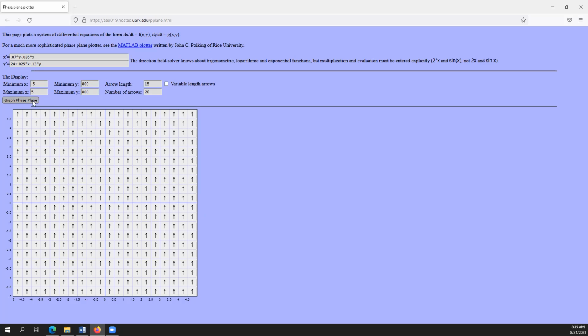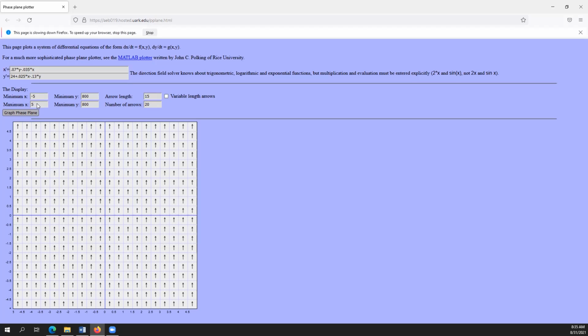Graph. You change your minimum Y, not your maximum X. Oh boy. It's trying to graph it now.